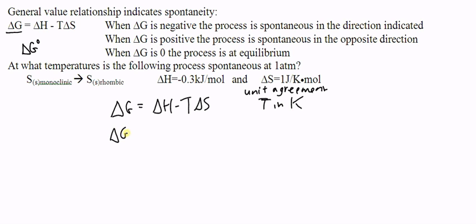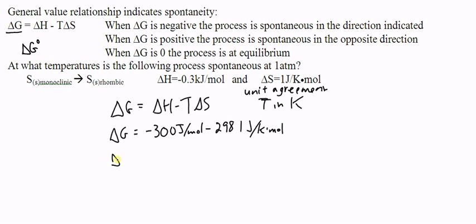So with that in mind, we can come here and we can have delta G is going to be equal to negative, and we're going to call this 300 joules per mole, minus, and at this point might as well assume 25 degrees Celsius, so that would be 298 Kelvin times 1 joule per Kelvin mole.